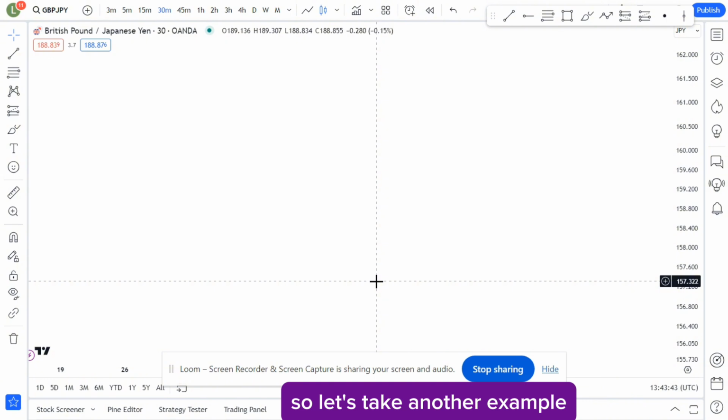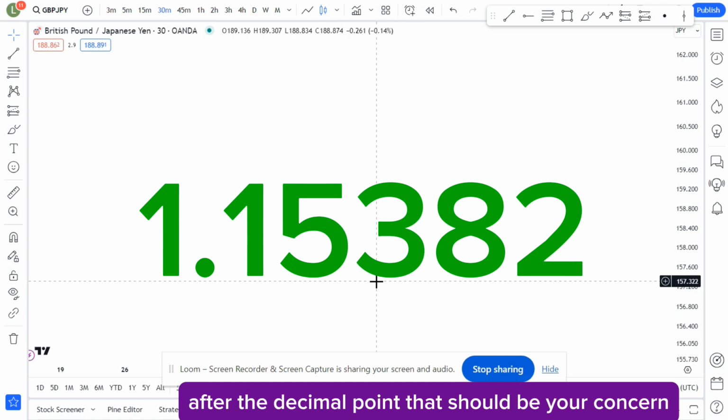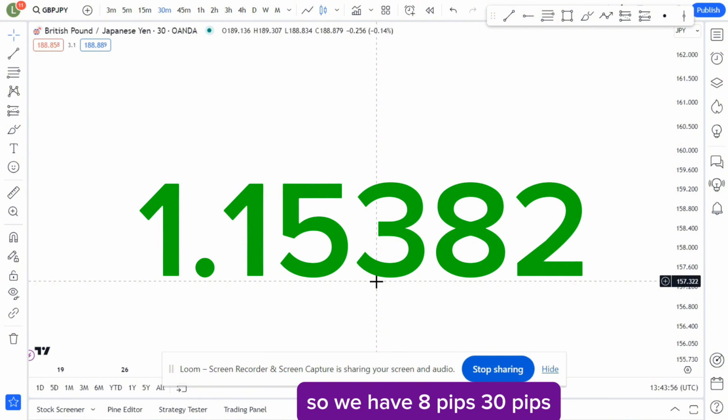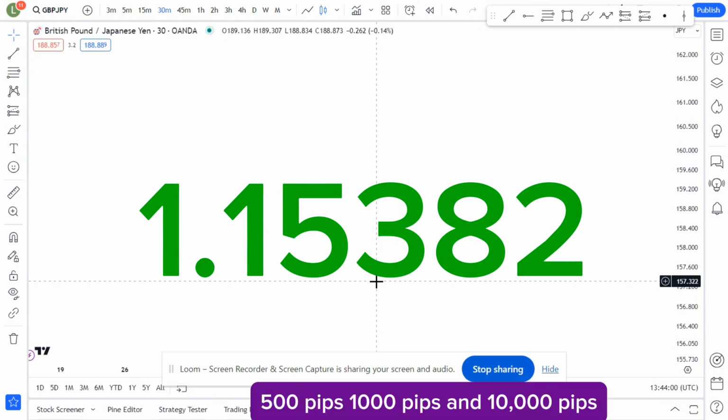So let's take another example. Let's say we have 1.15382. Again, let's focus on the first 4 digits after the decimal point. That should be your concern. So we have 8 pips, 30 pips, 500 pips, 1,000 pips, and 10,000 pips.